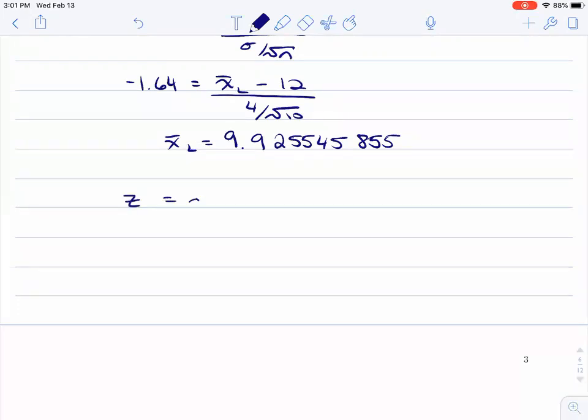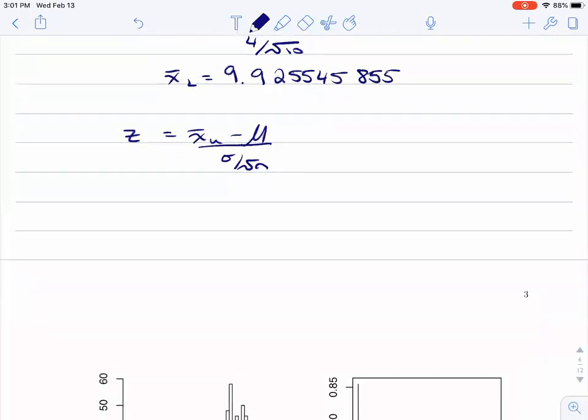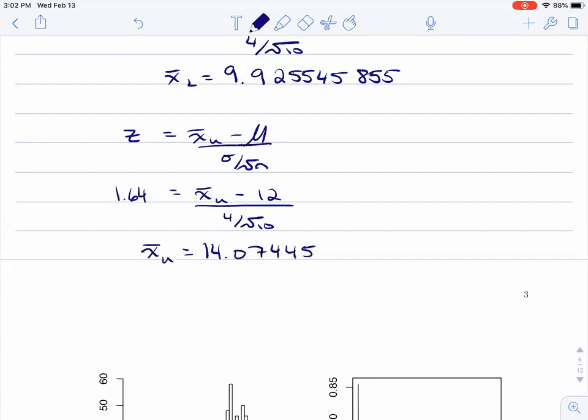Doing the same thing for X bar upper. X bar upper minus mu over sigma over root n. I've got 1.64 is X bar upper minus 12 over 4 over root 10. X bar upper times minus 1.64 plus 12. 14.07445415.